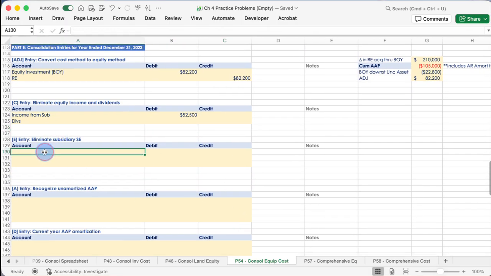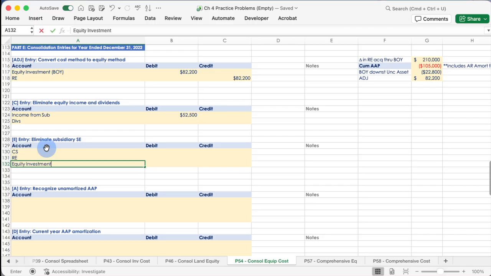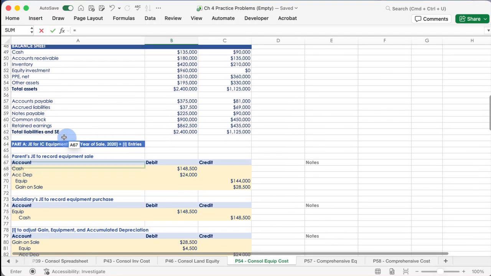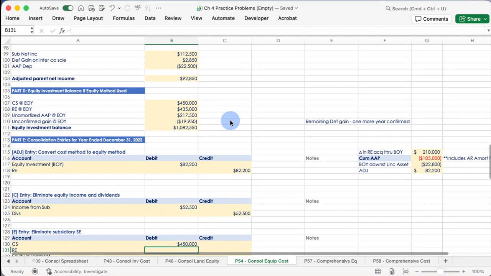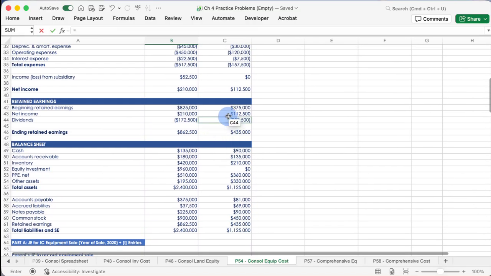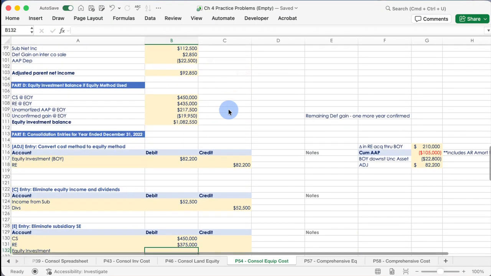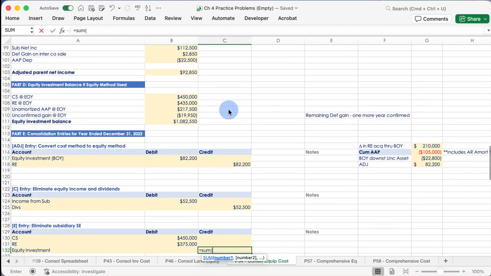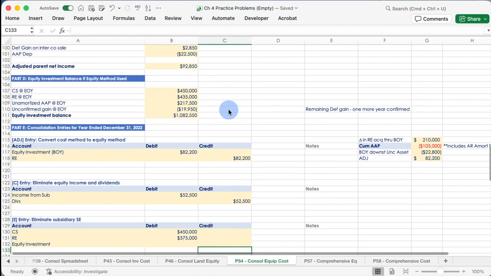Then we need to eliminate the stockholders' equity, and this one only had common stock and retained earnings, and those are going to be eliminated through the equity investment. And we'll grab those. We have common stock of 450,000. This retained earnings is our beginning of year amount, so we'll go get the 375,000. Add those together.